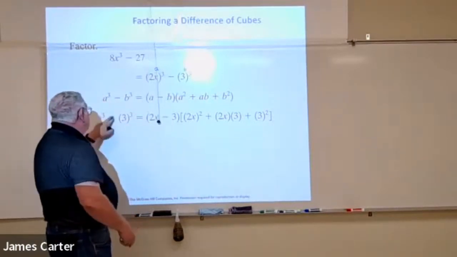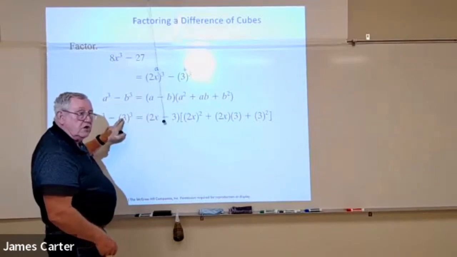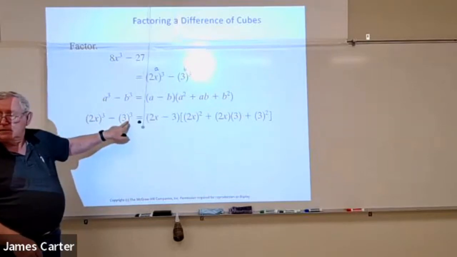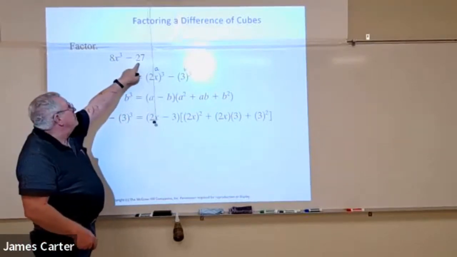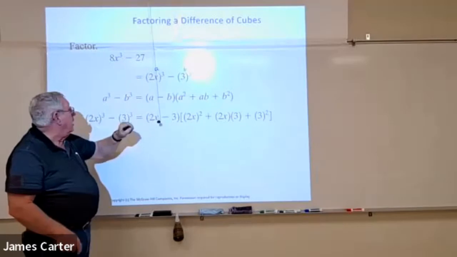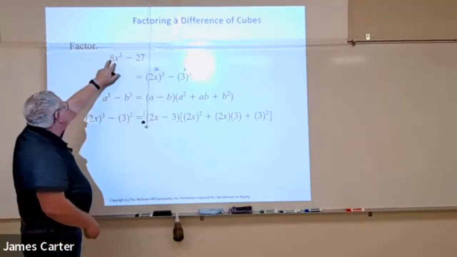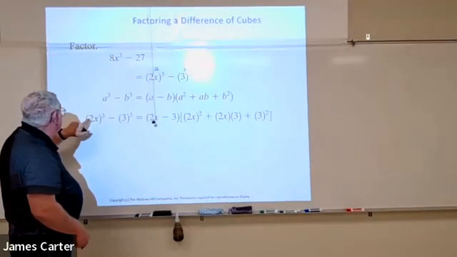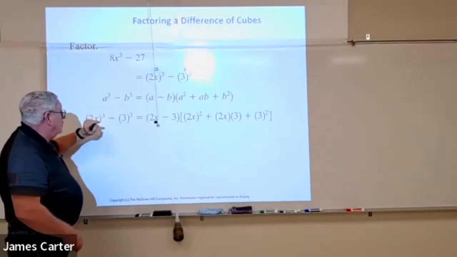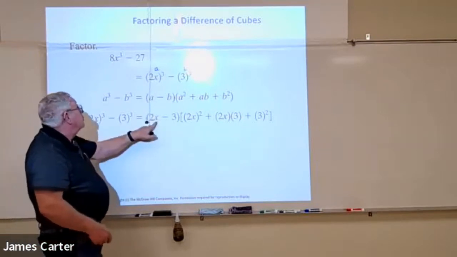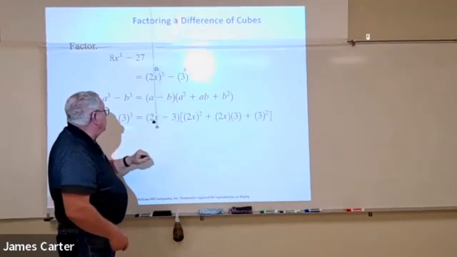Now, do I care if you show this? Not as long as you know this. Okay? As long as you realize that if you see 27, that's really 3 to the third. And if you see 8x cubed, you realize that's really 2x cubed. Okay? Now, here's our first term substituted in there.